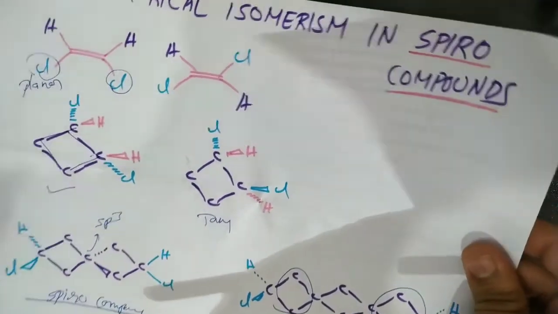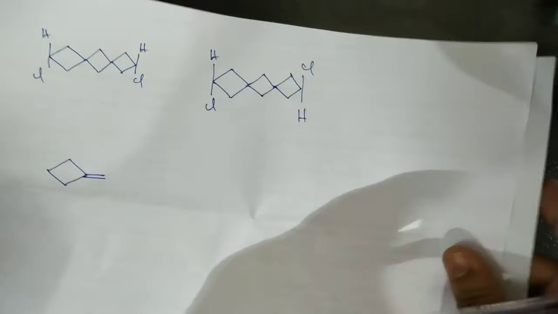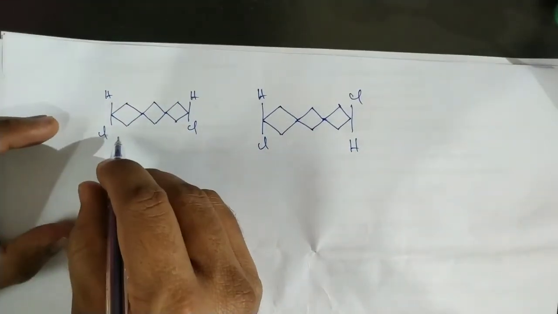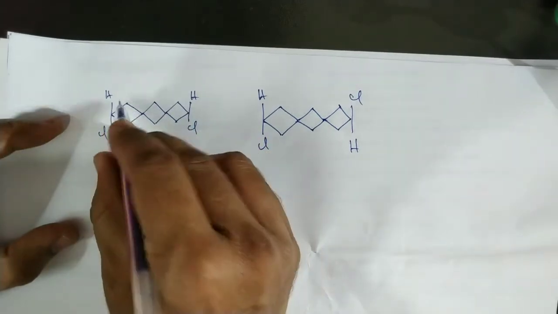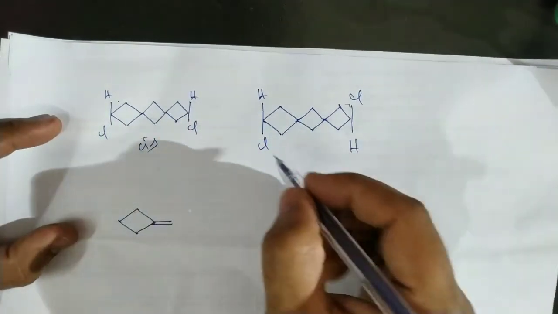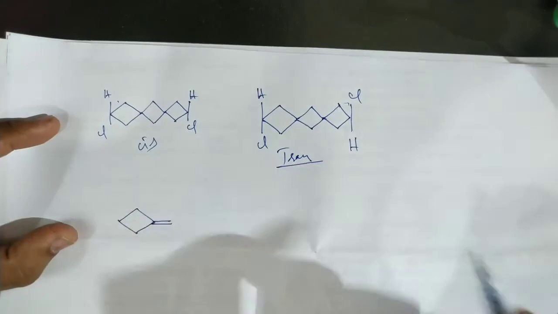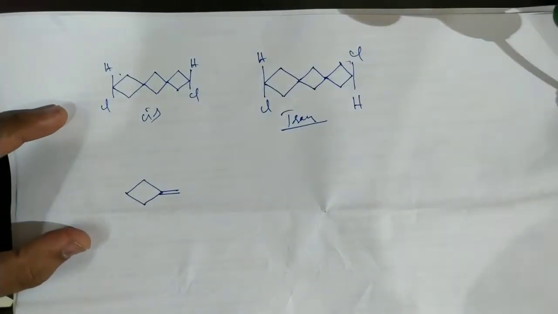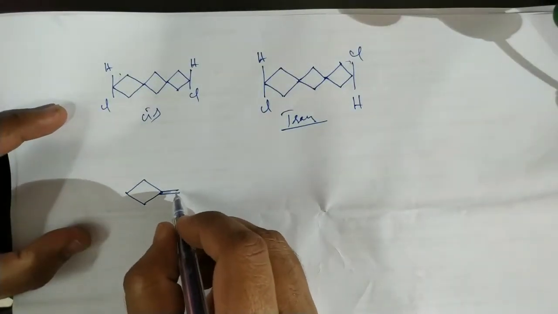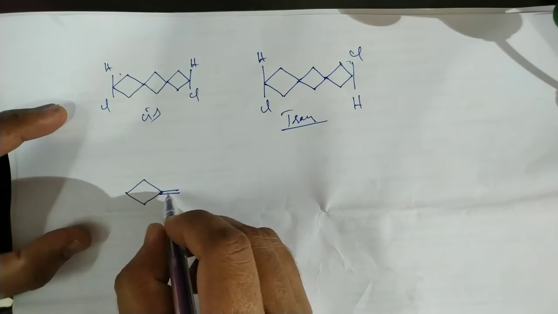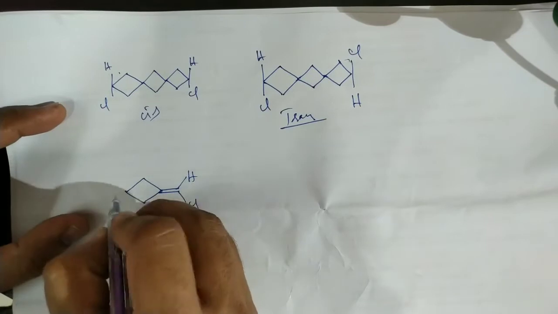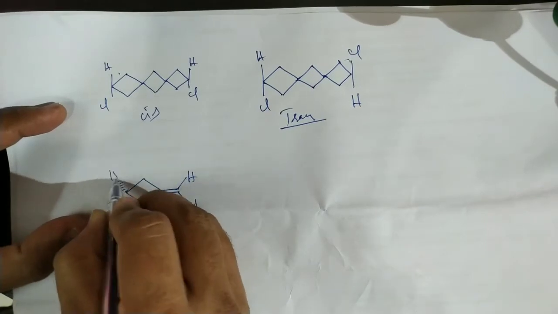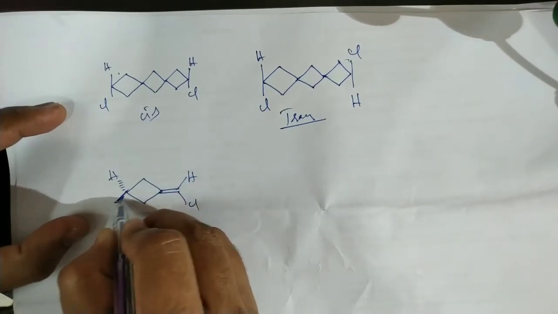Okay, so this compound we can write like this also. In a 2D representation we can write like this. Here, if hydrogens are on the same side, it is a cis isomer; on the opposite side, it is the trans isomer. Okay, that's it. Suppose this is one compound, where the double bond is directly attached to the cyclic ring, here hydrogen below the plane, here chlorine above the plane.